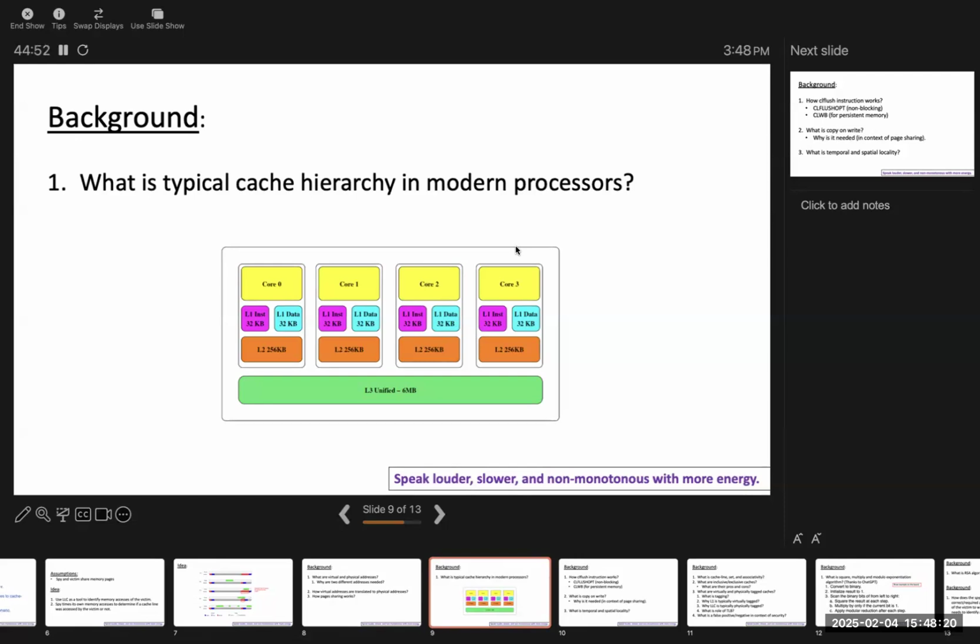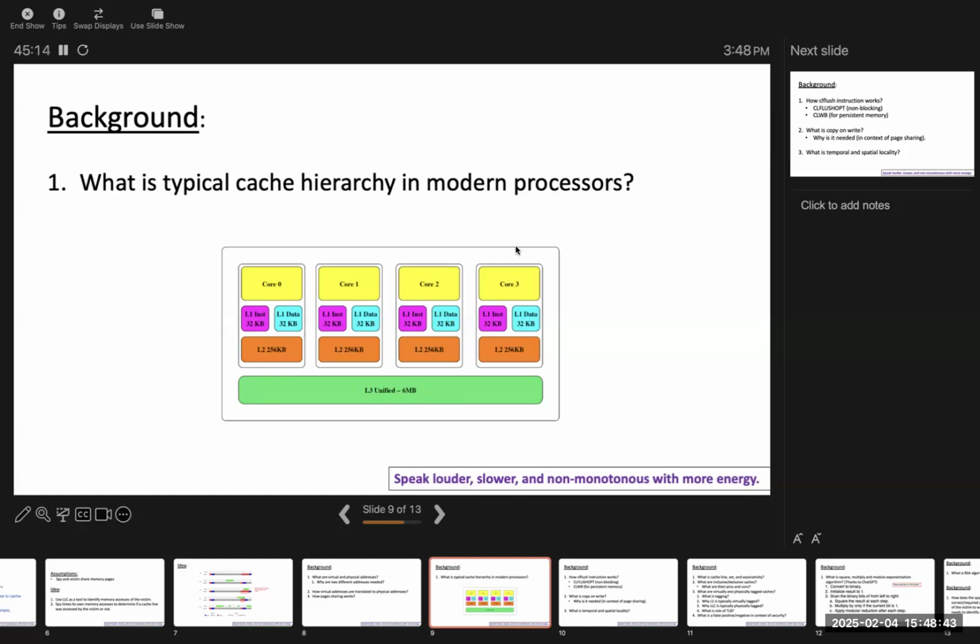Both L1 and L2 are private to a core. And then L3 is unified and shared among all the cores. So the L2s of all the cores get the data from L3.